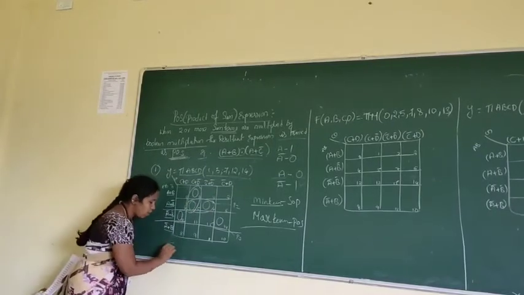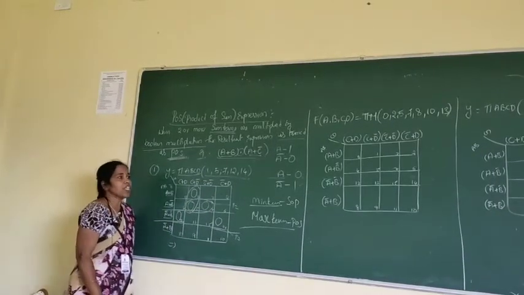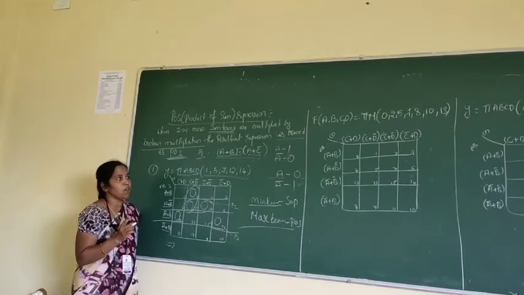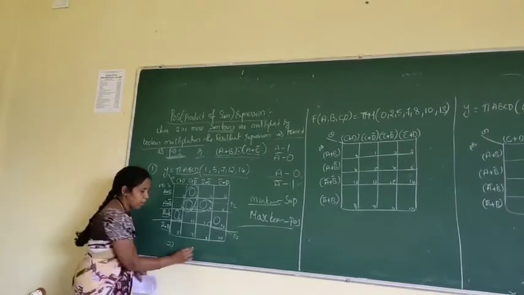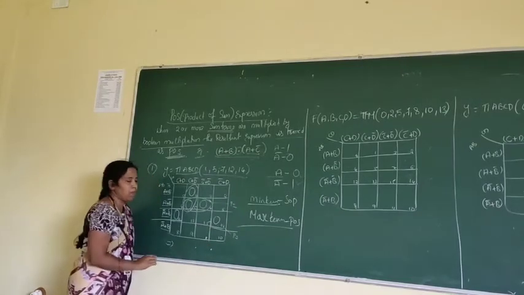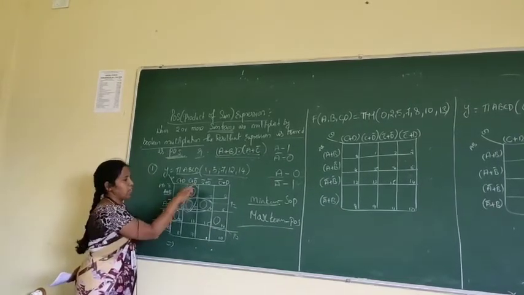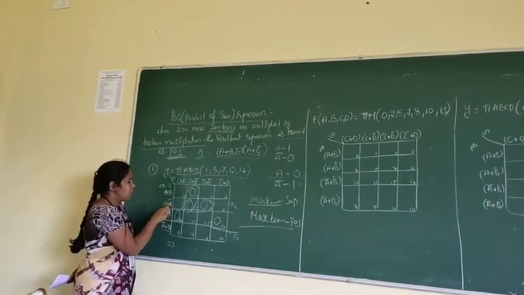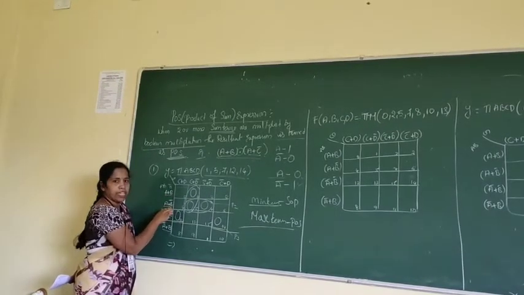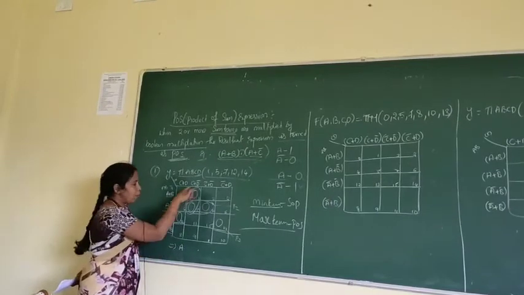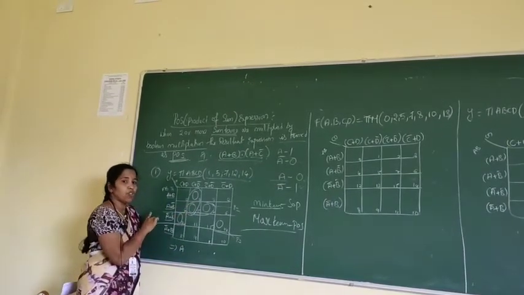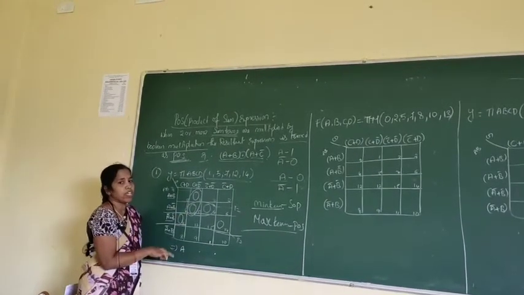Now I have to write the expression. For POS, the name itself means product of sums. So in between you will get product, and then sum of variables. First pair, P1: A, B bar and B get cancelled, so what you get is A. Plus, previous case you used multiplication, now you have to use sum.